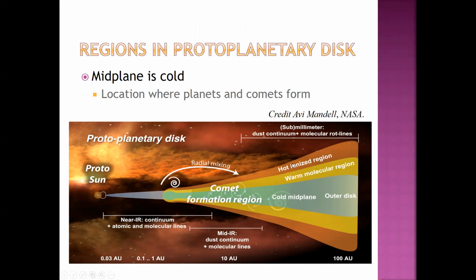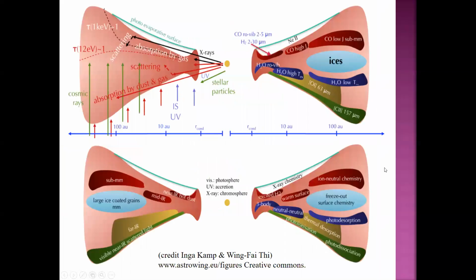So the disks become hot, high above the midplane, and cold near the midplane. And due to the different types of radiation, some complex regions become set up in the disk. And actually, the supernova that triggered the formation of our sun caused a lot of ionization in the disk.